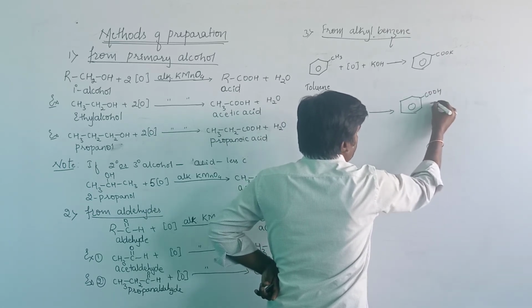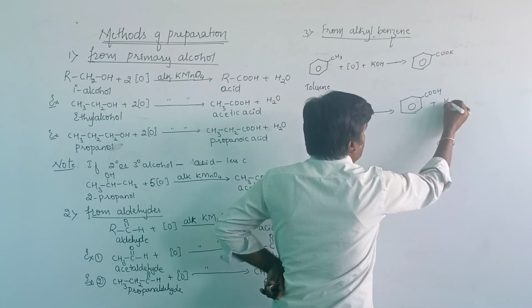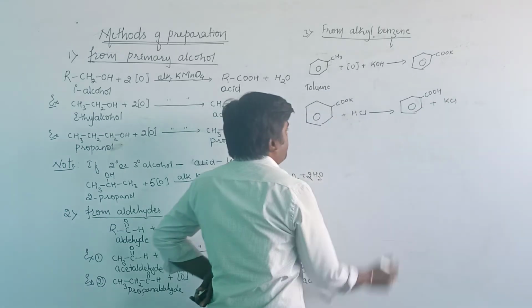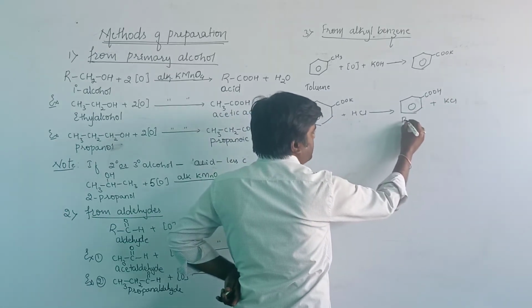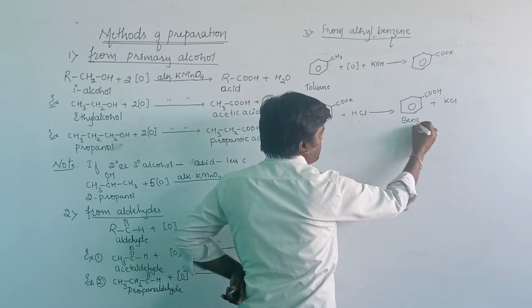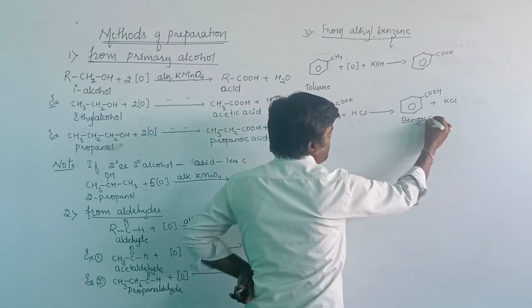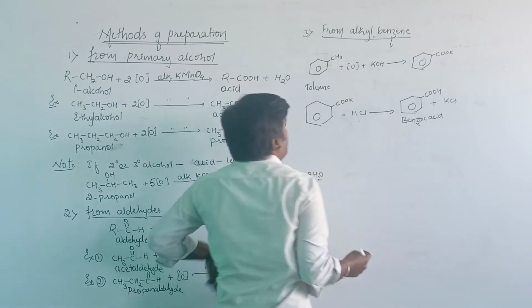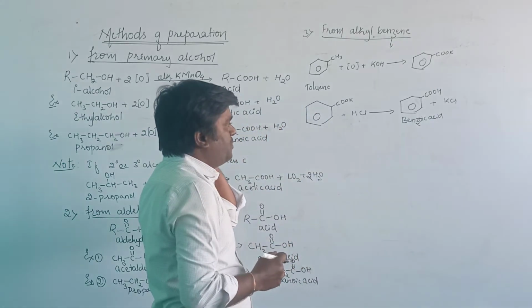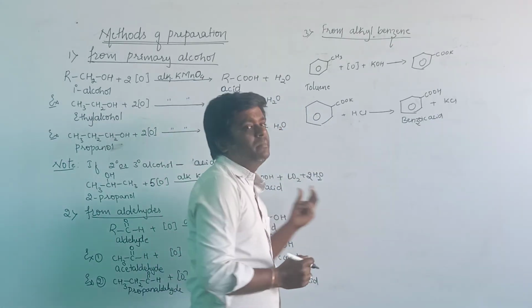But the byproduct is potassium chloride. The main compound is benzoic acid. Like this, we can prepare the carboxylic acid from the alkyl benzene.